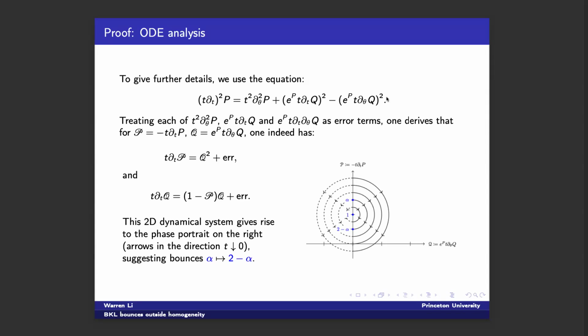It turns out that basically the entire dynamic picture is that the orbits just connect these unstable fixed points. And they're actually semicircles. Because they're semicircles centered around 1, that's exactly why we see these bounces from alpha to 2.